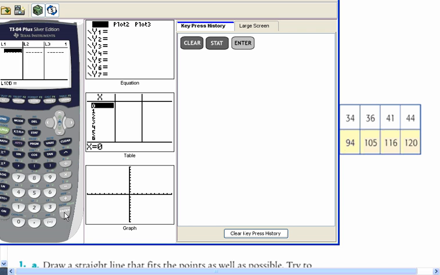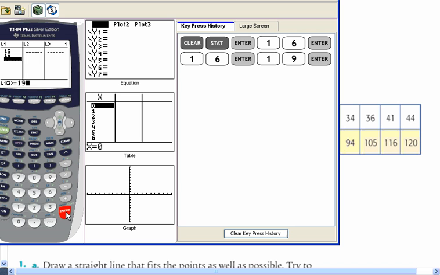And the way you do that is just type in the number. So the first breaths per minute is 16. Press Enter. And the next breaths per minute, Enter. And so on. Then use your right arrow over to L2 to put in the corresponding heartbeats per minute for each of those, in the same way.